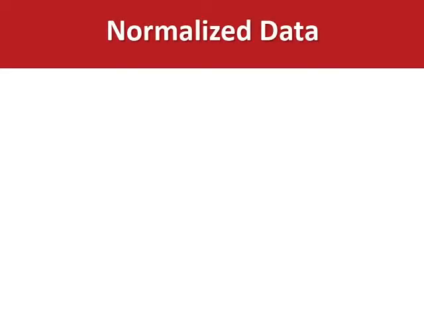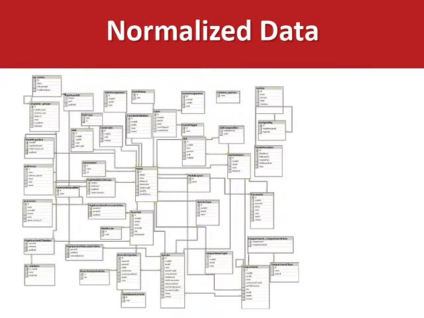Good table design has a consequence for relational databases. What we tend to end up with is a lot of tables, hundreds, thousands, tens of thousands of tables, each storing information about one thing, about customers, or about orders, or about those order details.